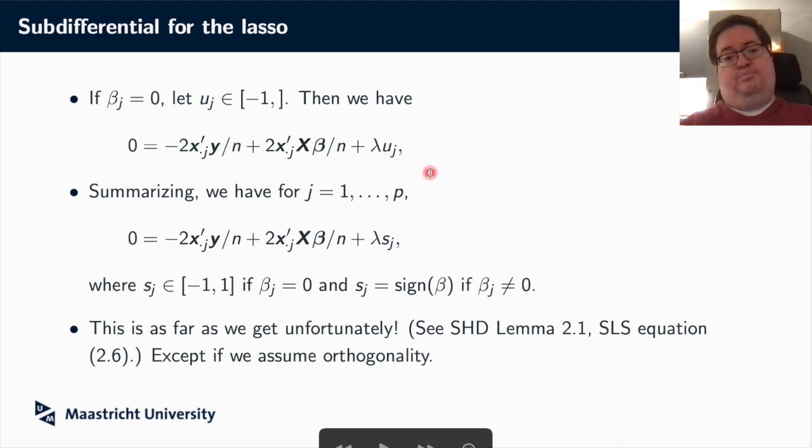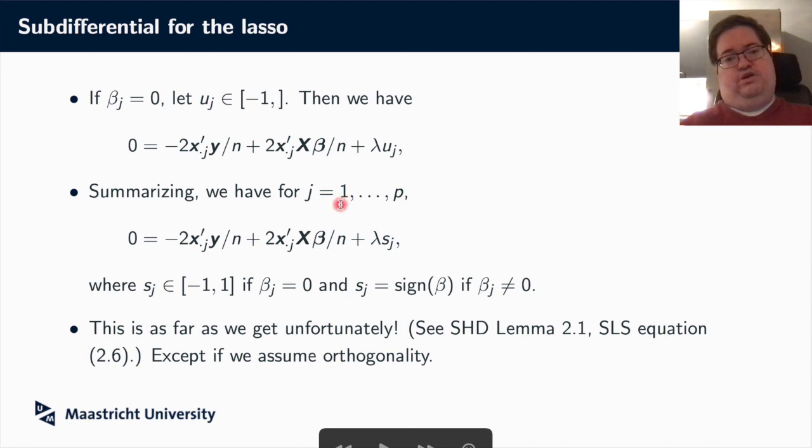So if we put the two together, we define an sj, and we say this variable sj is the sign of beta j if it's non-zero, and it's some element between -1 and 1 if it is 0. So this is the first order condition of the Lasso, the jth first order condition.